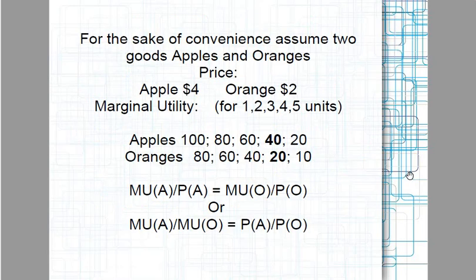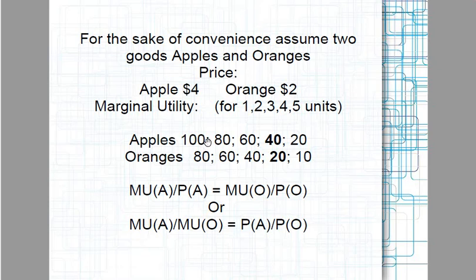Now, for the sake of convenience, let's say two commodities, goods or services, in which you can put money. You can call them anything, apples and oranges, just for fun. And marginal utility for 1, 2, 3, 4, 5 units.